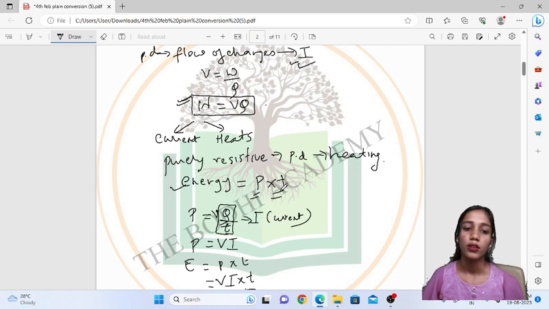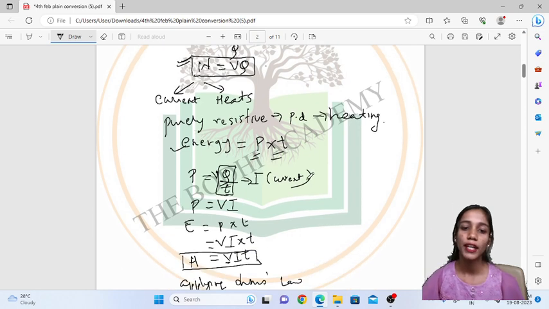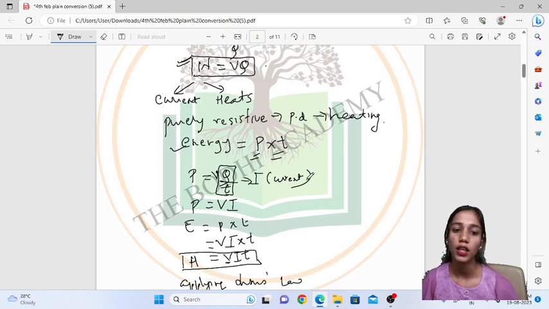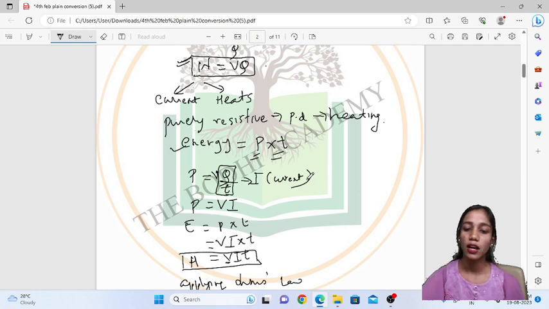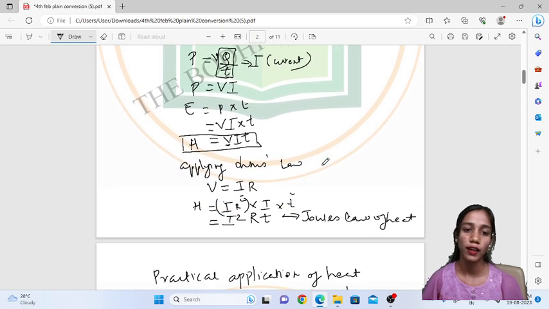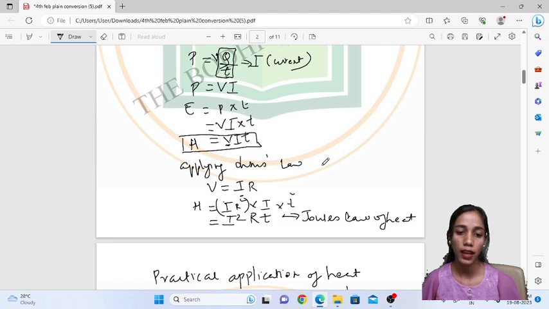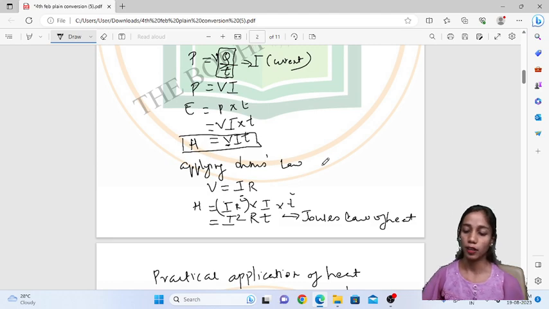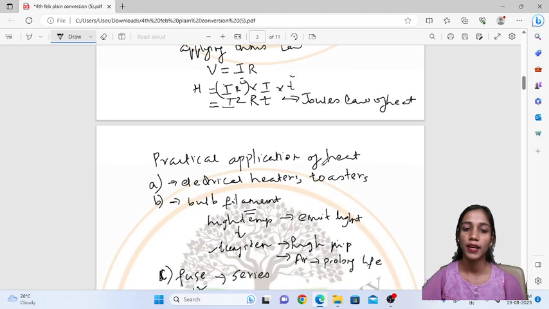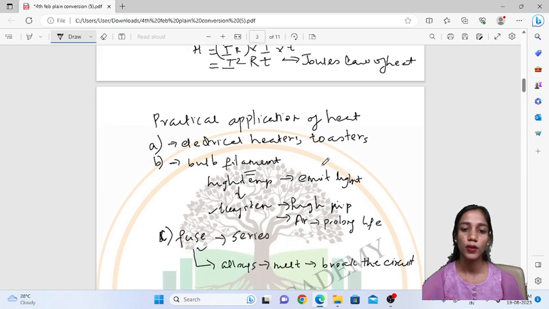The formula for energy is P into T. Then we derived Joule's law of heating, which is equal to VIT, and further I square RT. Then we saw practical applications of heat, which include the electrical heater, the bulb filament and the fuse. These are very important, and they are the most asked questions in the exam paper.